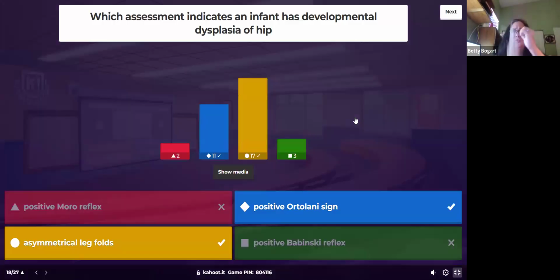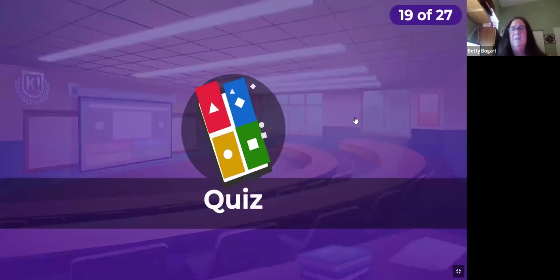So we're going to see a shorter leg for sure. That's the asymmetrical leg folds, that positive Ortolani. Everybody has a positive Babinski. It's not specific to developmental dysplasia of the hip, okay? And remember, Moro reflex is that startle. That's infants at birth. They have that startle reflex. So that's not part of the assessment for developmental hip dysplasia.